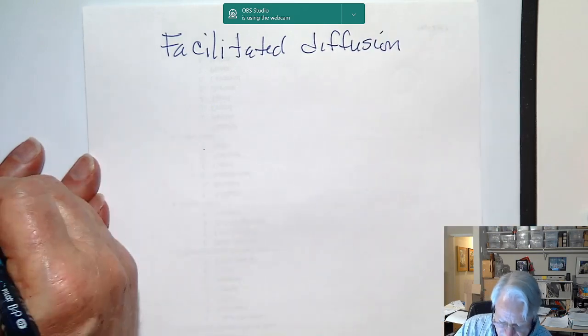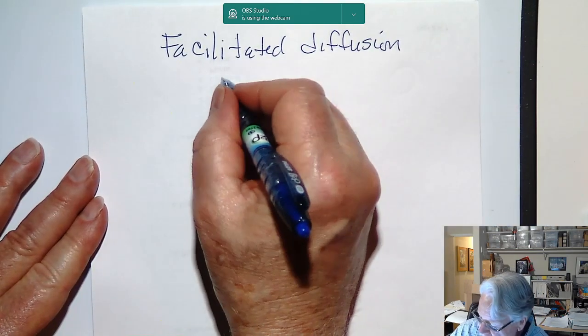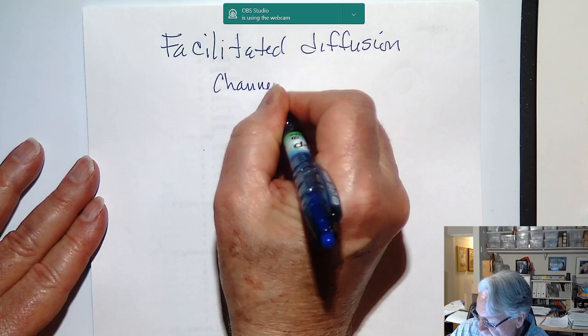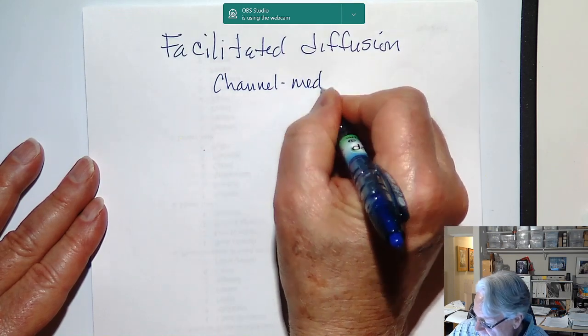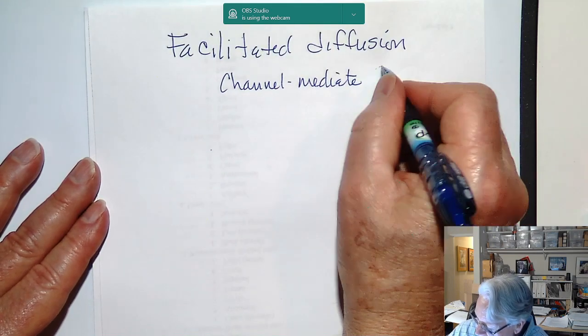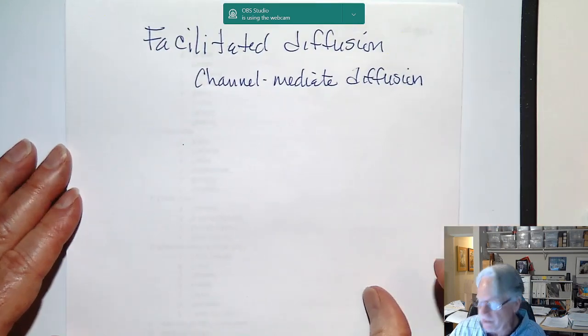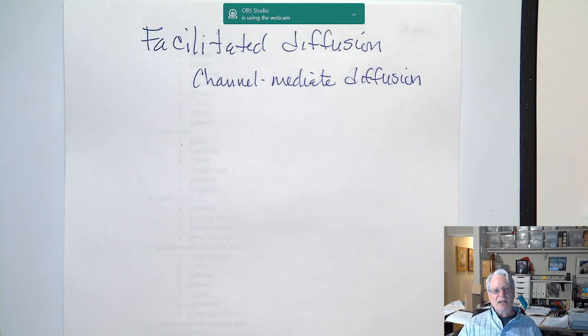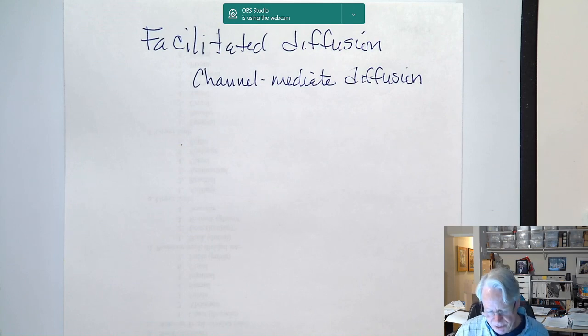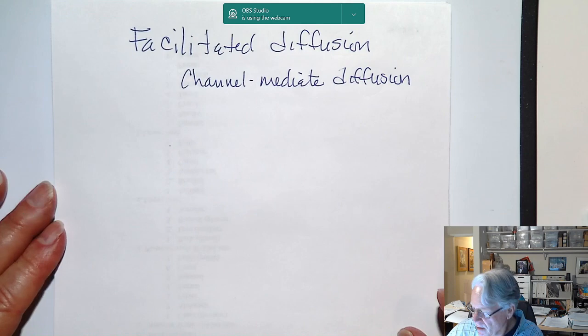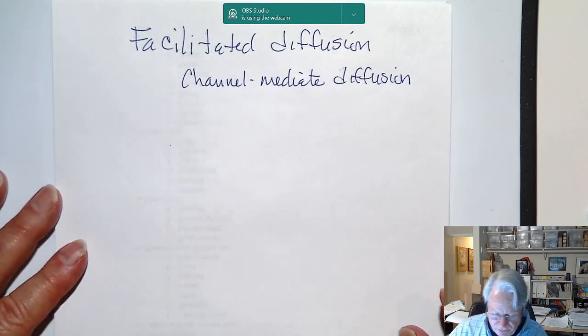The first one is going to be channel-mediated diffusion. I'm kind of abbreviating this. My fingers are getting so tired, so I'm going to get kind of lazy. Channel-mediated diffusion. And of course, you know what we're talking about here. I could have thrown in the word facilitated, but I didn't. So that's my bad. Channel-mediated diffusion.